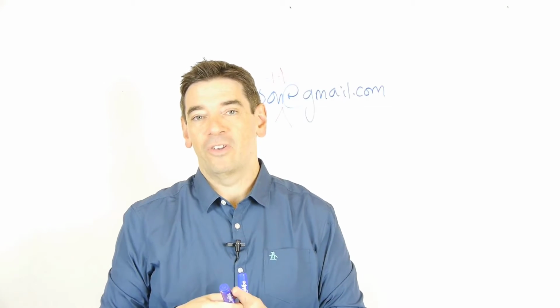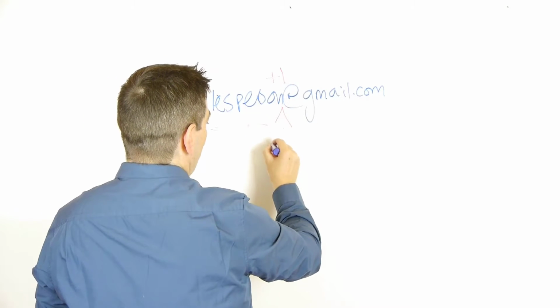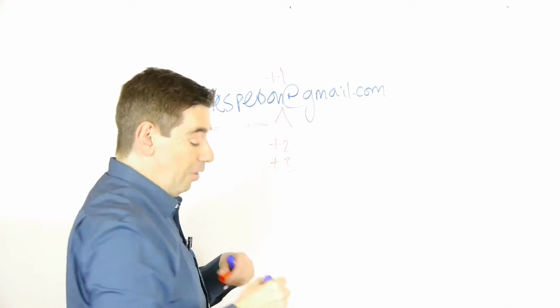So if you wanted to test two or three different ways of leads going through your funnel, for each one you would just set a new email, 2, 3, and you don't have to set anything up.